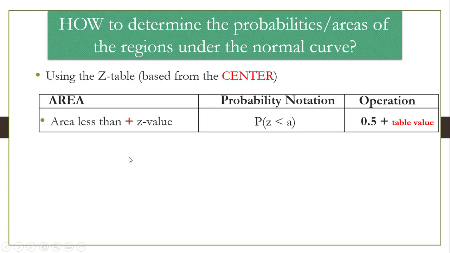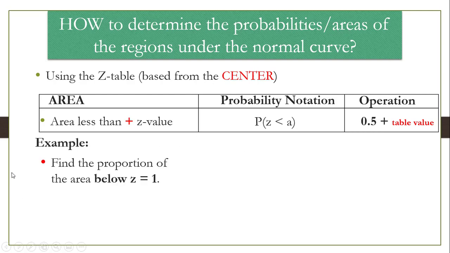To understand why we use 0.5 plus the table value, let us have an example. Suppose we have to find the proportion of the area below Z equals 1. This problem can also be found in your module.